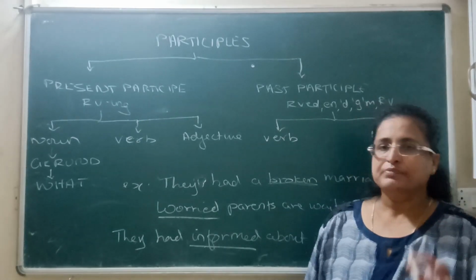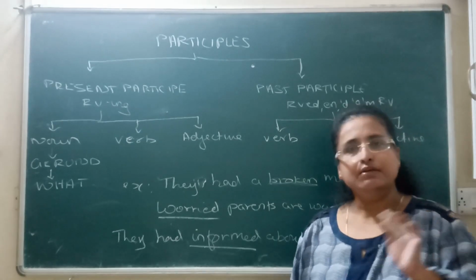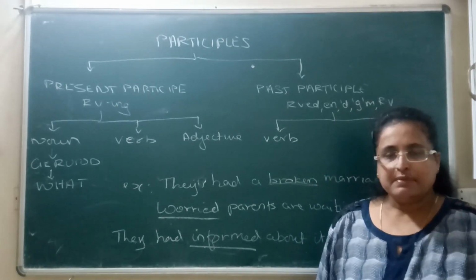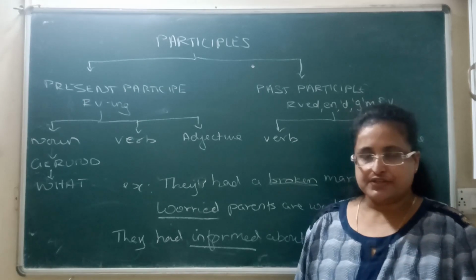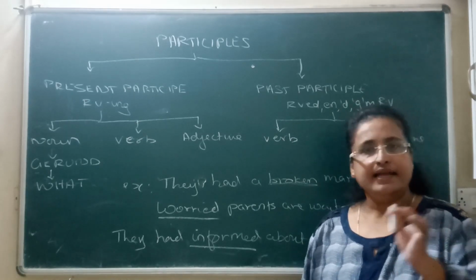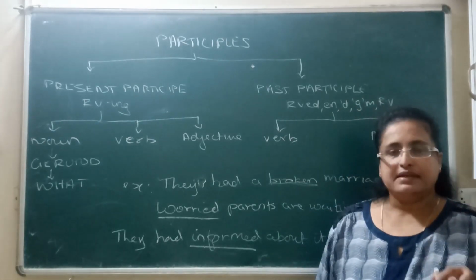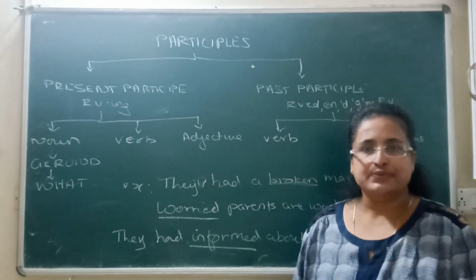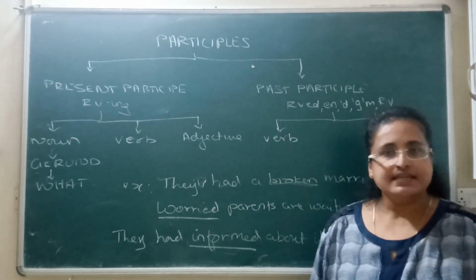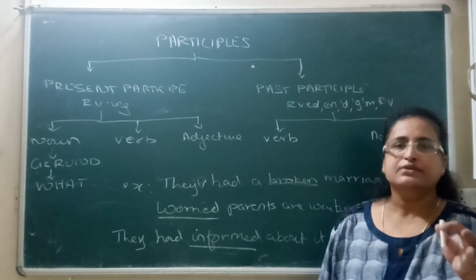Remember, participle, two types. Present participle, past participle. Present participle takes up three functions: noun, verb and adjective. When it takes the function of noun, it is known as gerund. And to understand gerund, you have to only ask the question what.